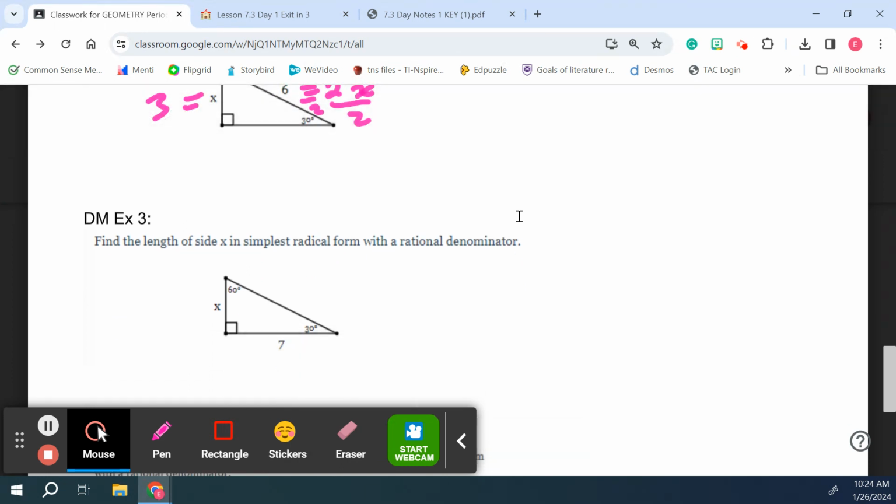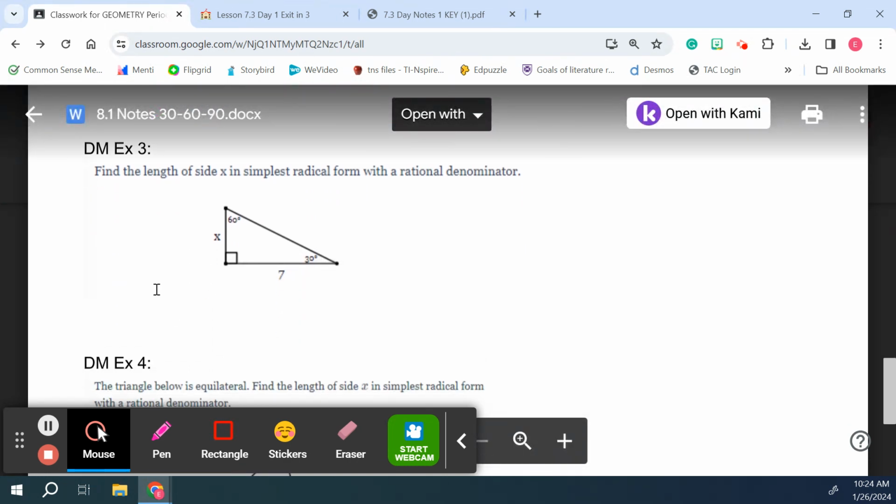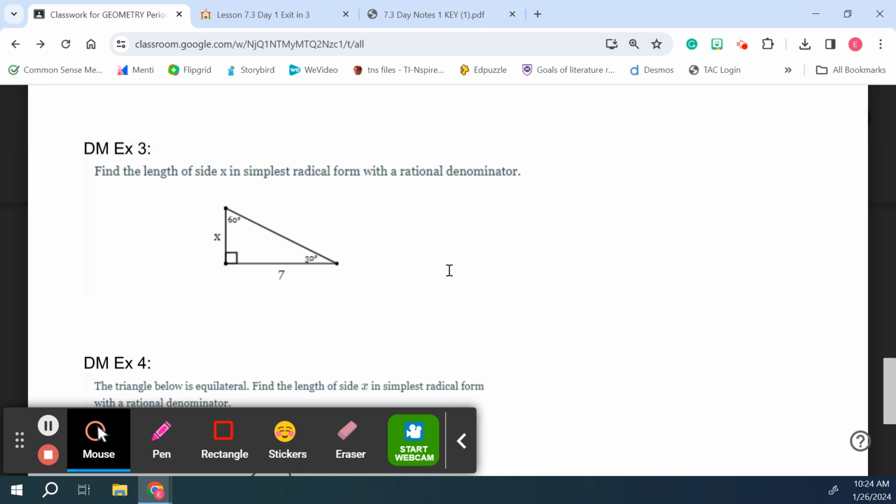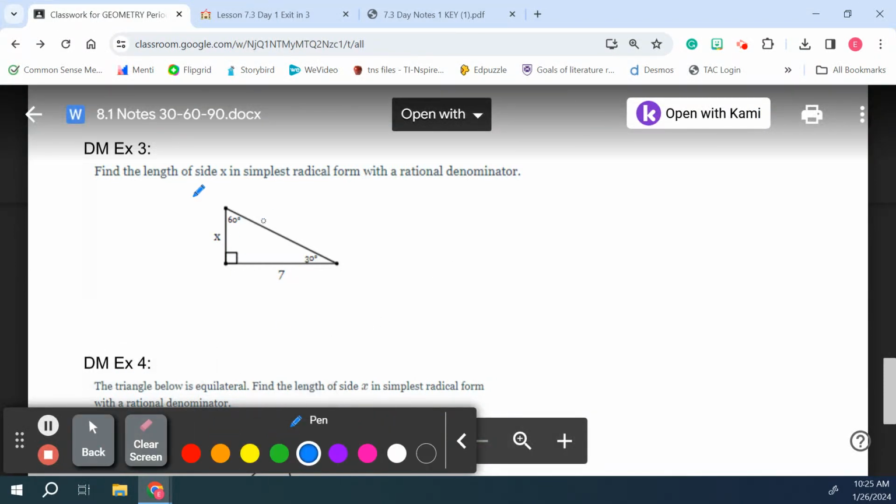All right, number 3. Here we're going to find the length of this short side. What are we given here, though? Is it the long side or the hypotenuse? It is the long side. Very good. So this is going to equal that short side x times the square root of 3. And this is where we have to divide both sides by the square root of 3.